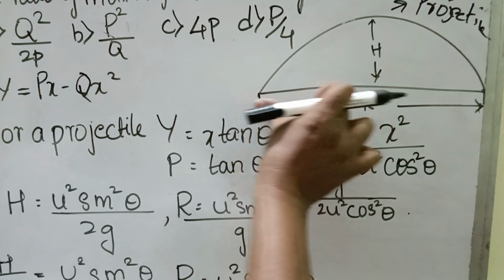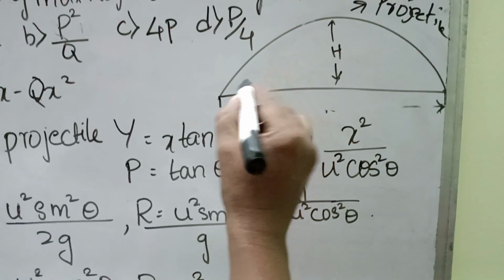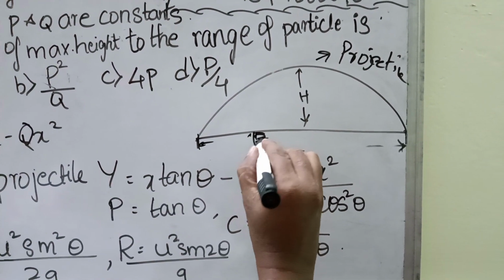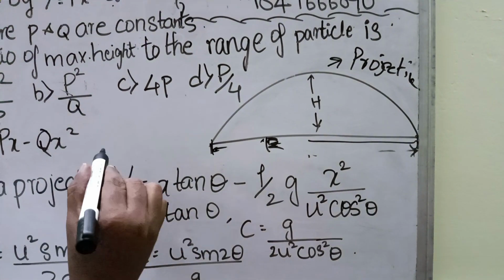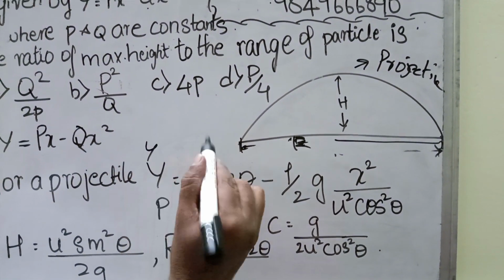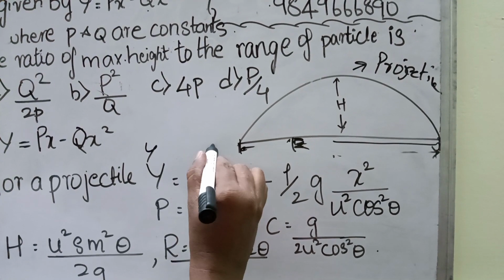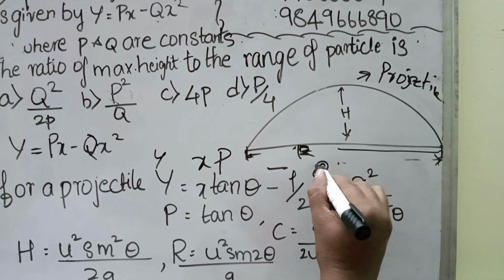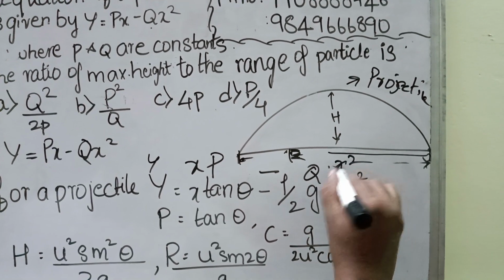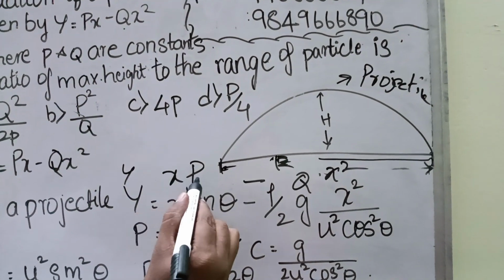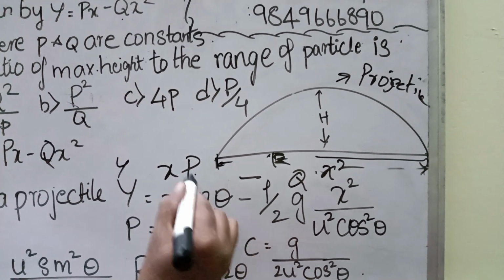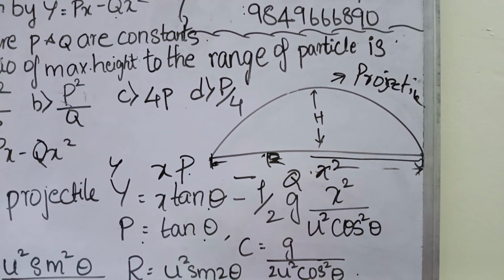Here we can also write it like this. If you have any doubt, here we can write y is equal to px minus qx square. So here the x coefficient is p, here the x coefficient is tan theta, therefore p is equal to tan theta.